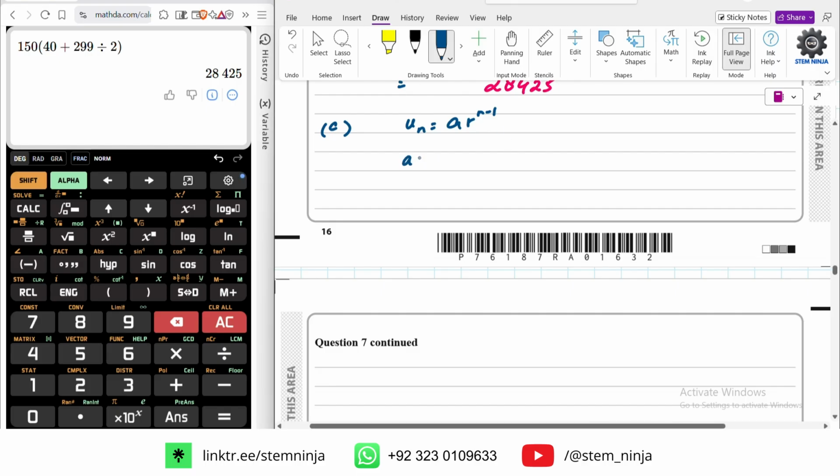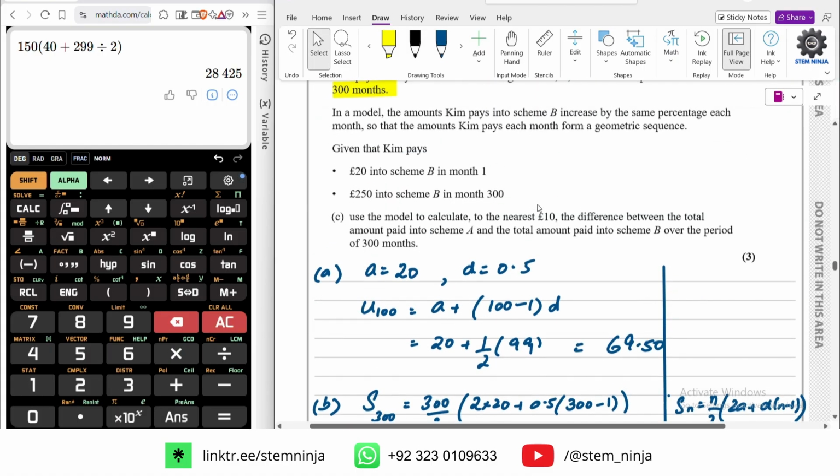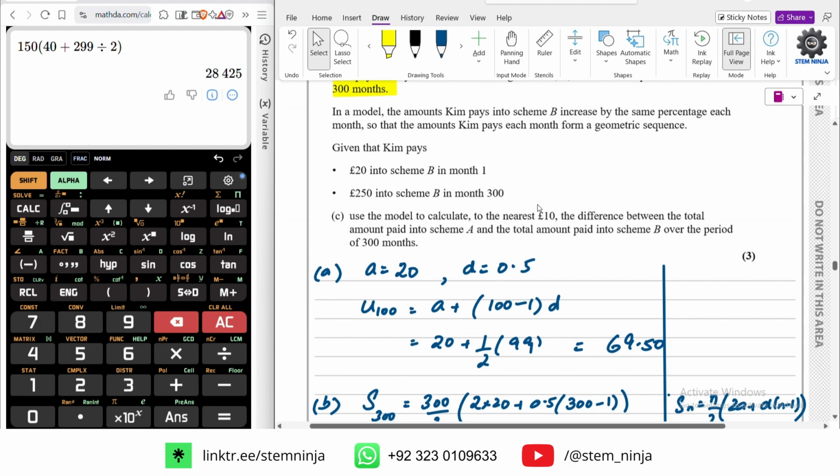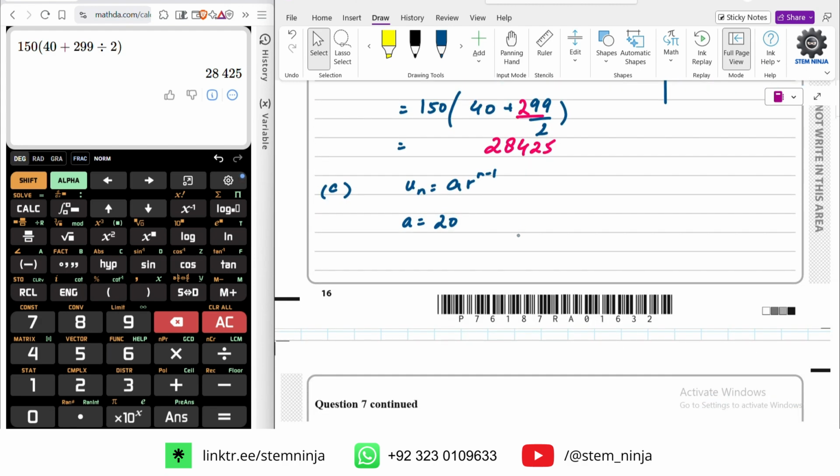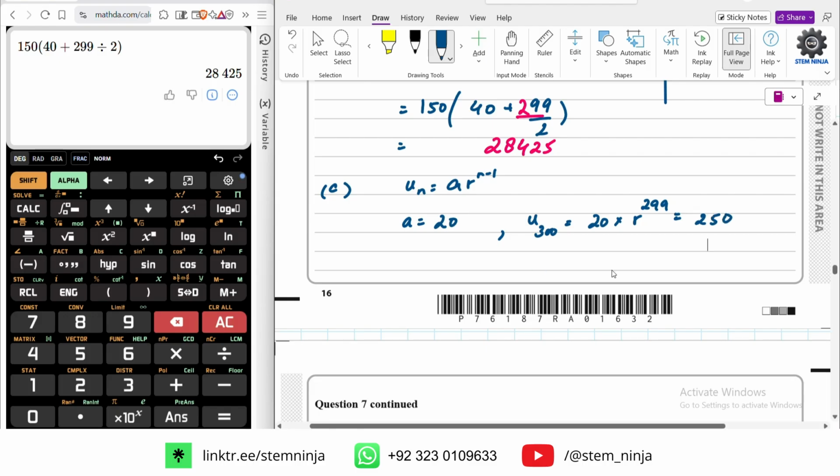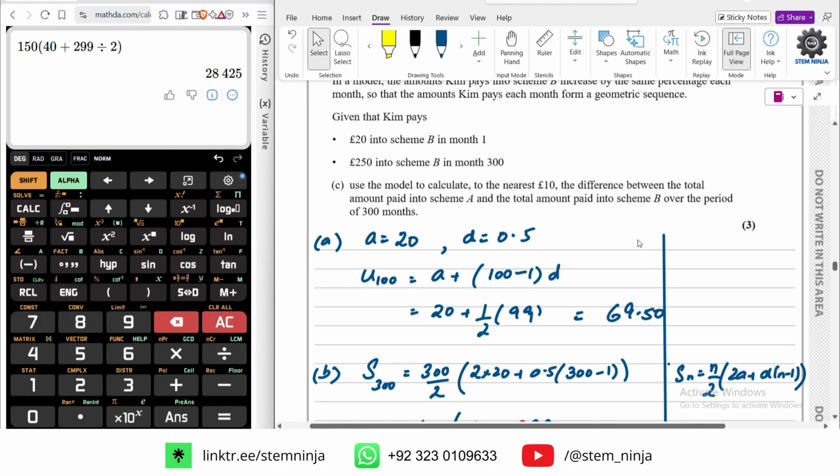So the A was 20. They said that, same as scheme A, and the month 300 would be 250. Right. So U300 is 20 times R to the 300 minus 1, 299. That is 250. 250? Yes.